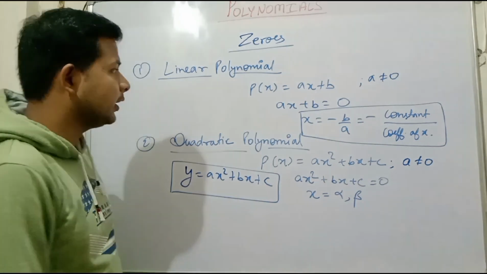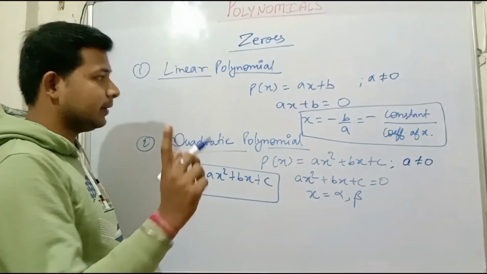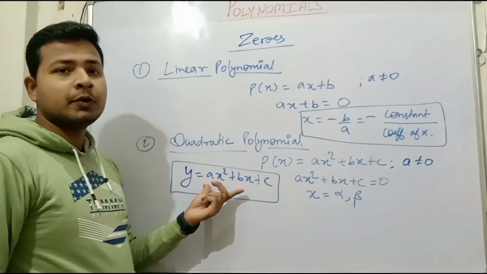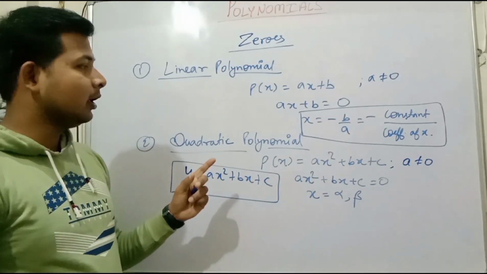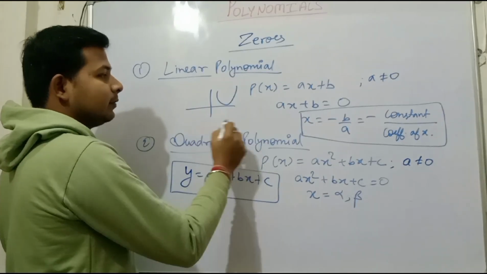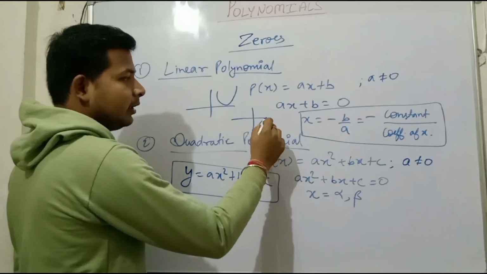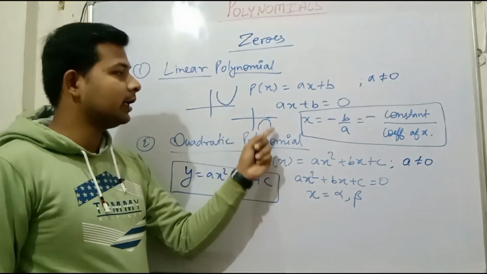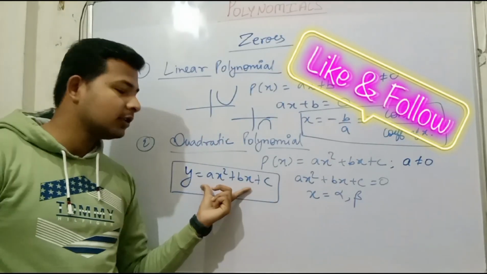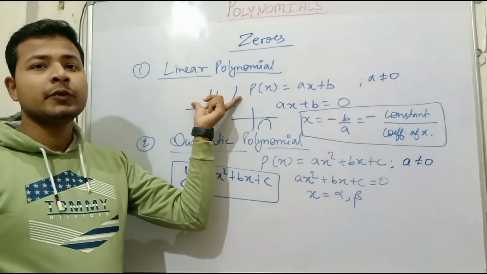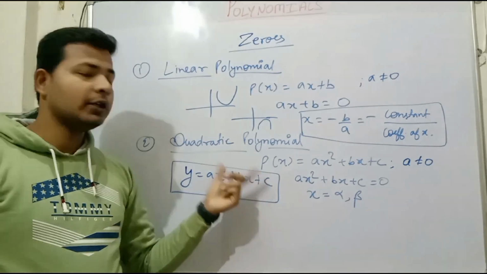Now, there are many types of parabola, but if the question is asking which type of parabola it is, that means on which side the parabola will open, there will be two types: the parabola is opening upward or downward.